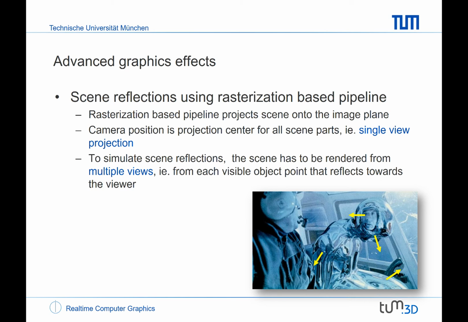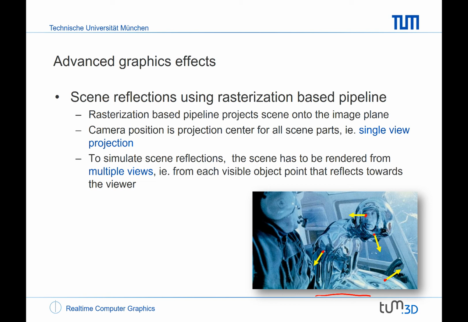Now, if you want to simulate scene reflections, as we do here in the image shown on the bottom right, then from a conceptual point of view we would first have to determine all the visible points of the scene, like the visible points of the reflecting object, the point here, the point here, the point here, the point here.